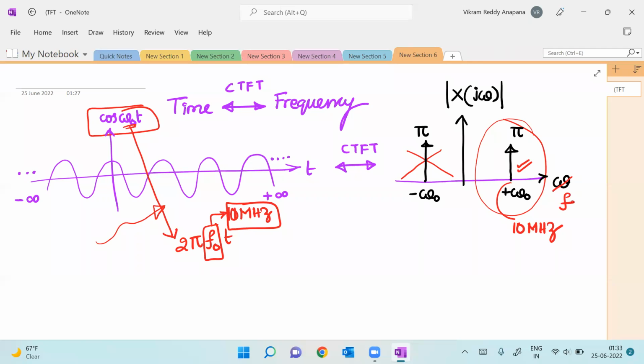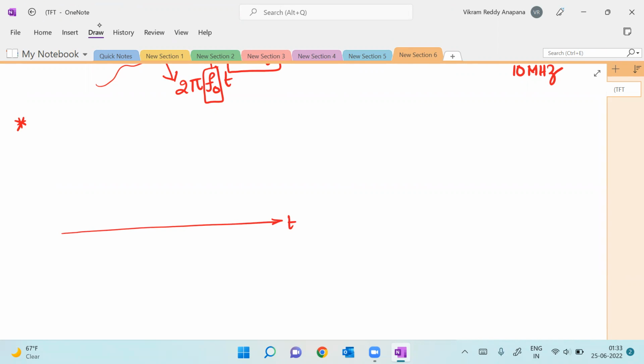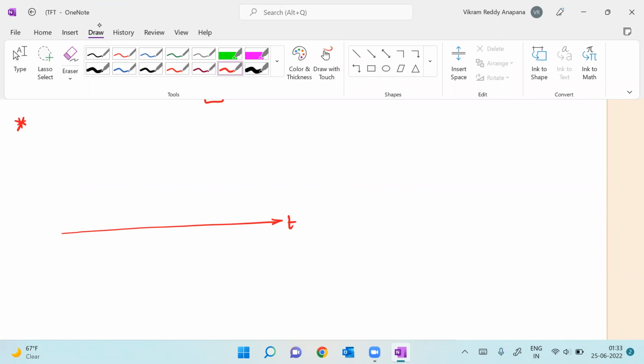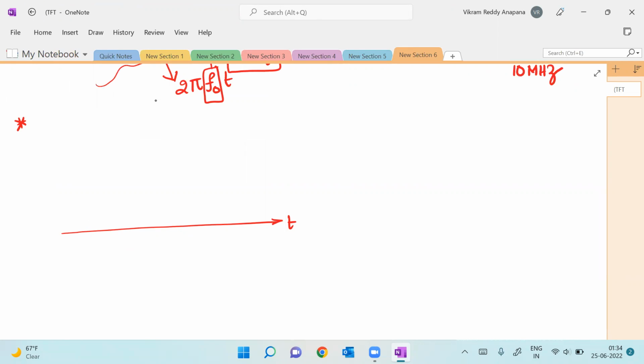Now let's venture into a second one. For example, let me take an impulse function. An impulse function is physically impossible, because a function existing with no duration of time is physically impossible.